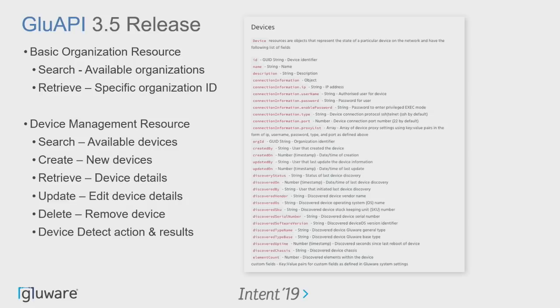The ability to search, obviously do all of your CRUD services, your create, read, update, and delete, as well as access to that device detect capability that you saw Alex demonstrate earlier. The ability to go out and query the device for all of the details associated with the make, the model, the vendor, regardless of vendor type, the operating system version, the serial number, the product ID, et cetera, and so forth.